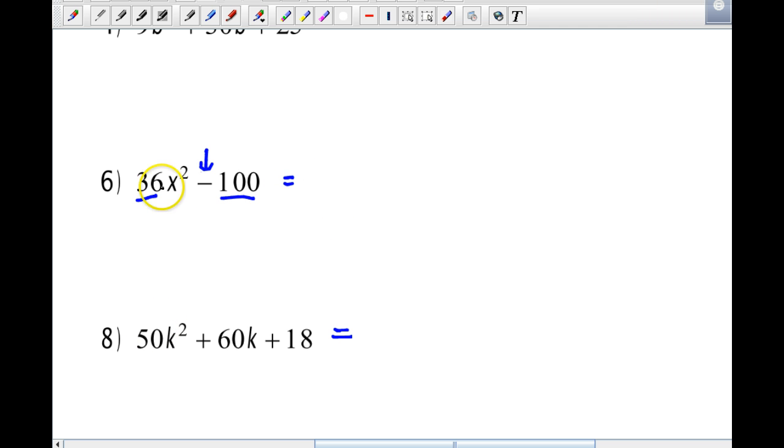Even right here, you have to start with, is there a GCF? Because you can take a 4 out from both of these. Notice how we factor a GCF out from a difference of squares, and we still have a difference of squares. We're just 9 and 25 now.